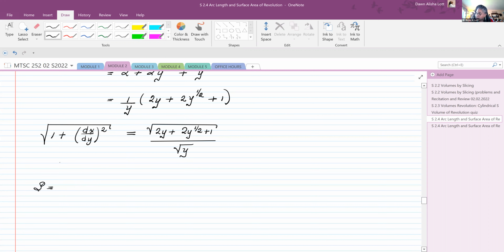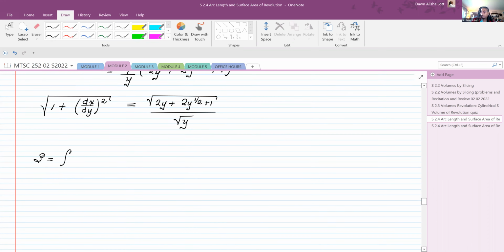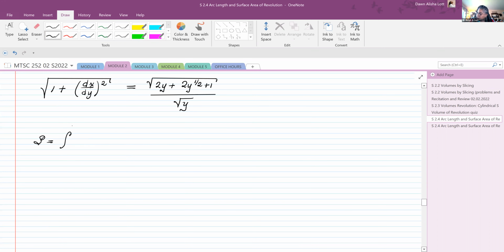It's going to be the integral from C to D. Y starts at 1 and ends at 2. 2 pi x was y plus 2 times the square root of y.